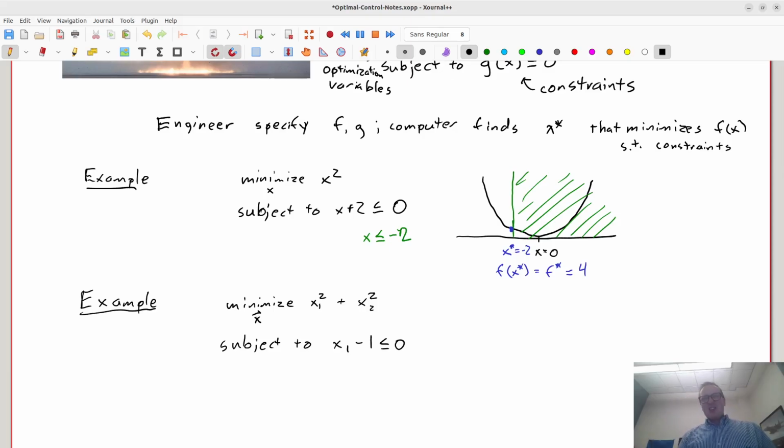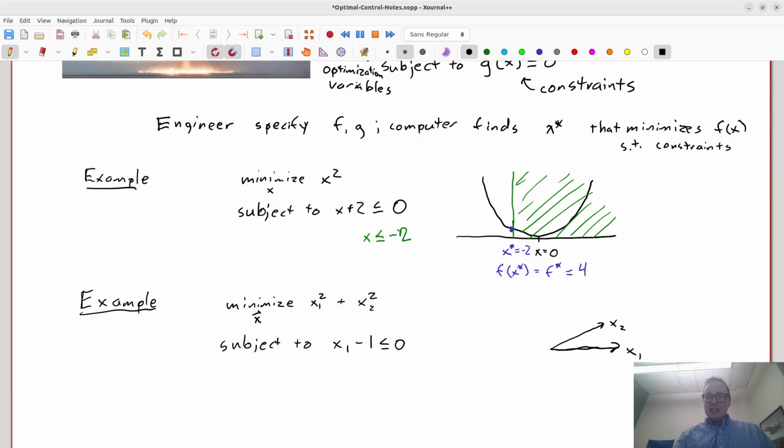Then if I draw this, I now have two optimization variables. We'll call it x1 is in this direction, and x2 is in this direction. So these are on a two-dimensional plane.